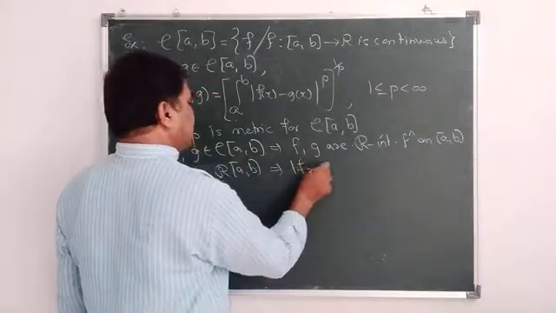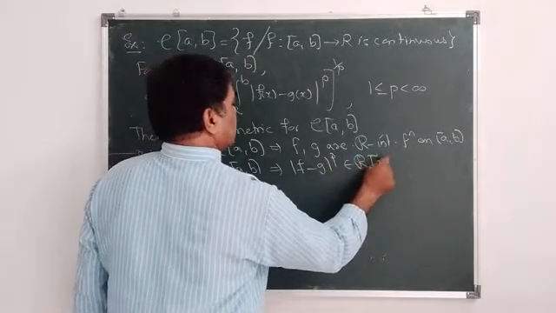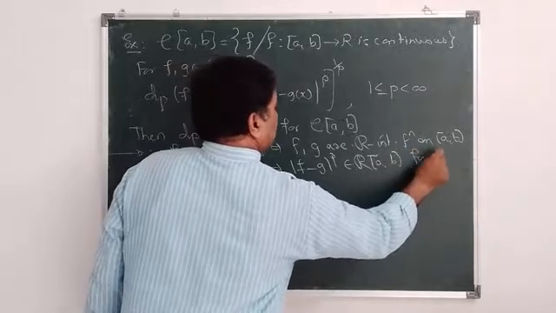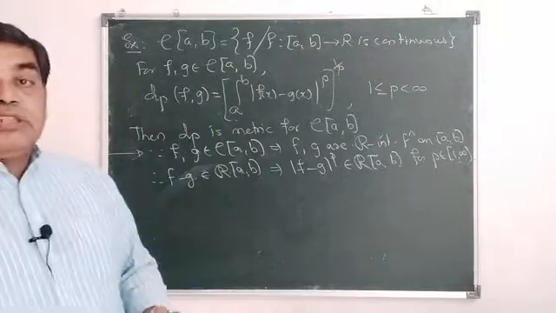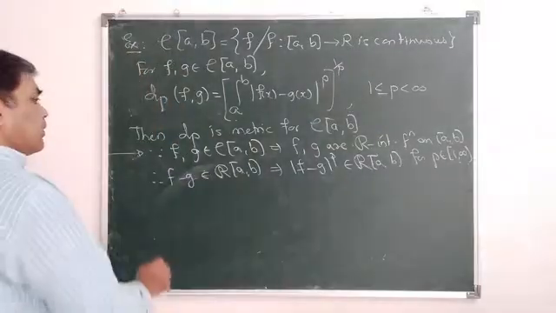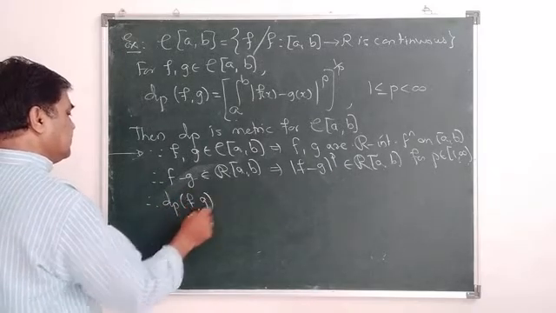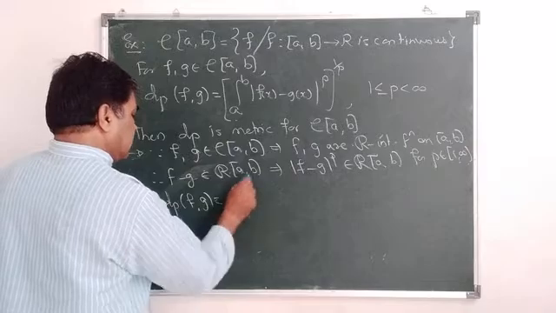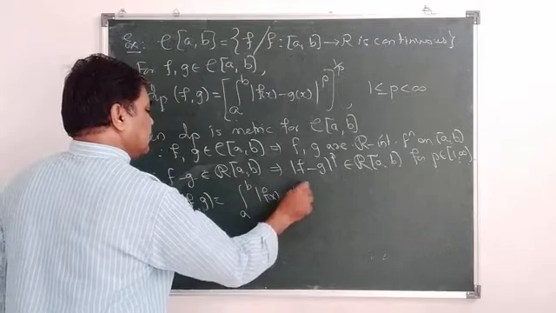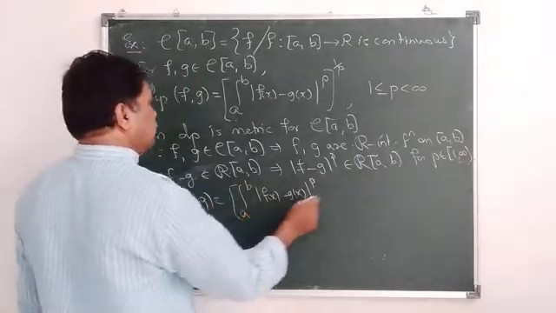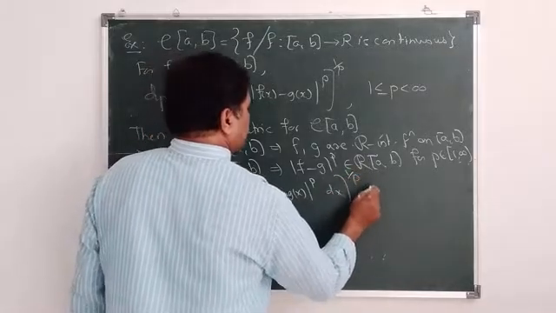Implies mod of f minus g to the power p also belongs to the class of Riemann integrable functions on AB, for p belongs to the interval [1, infinity), whatever choice of p may be, which is fixed. And therefore dp of fg is equal to integral of a to b mod fx minus gx to the power p dx whole thing raised to 1 by p exists.